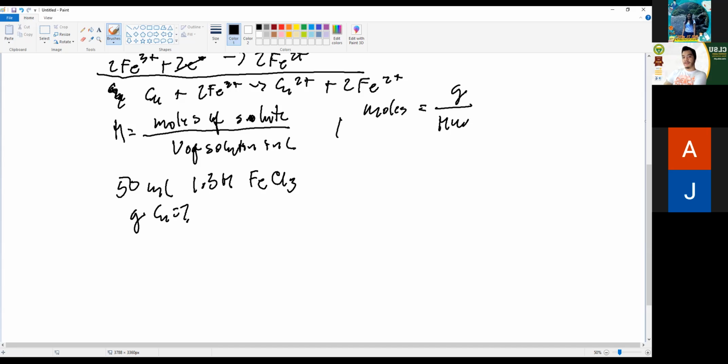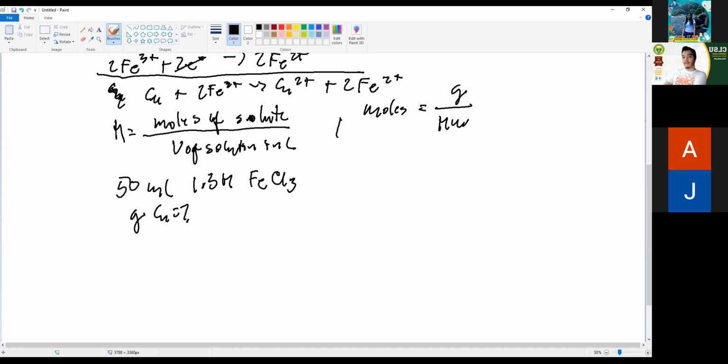So, ang first step dito, determine natin yung moles. So, from this equation, molarity is equal to moles over volume in liters. So, to determine moles, ita-transform natin yung equation. So, moles is equal to molarity times volume in liters.